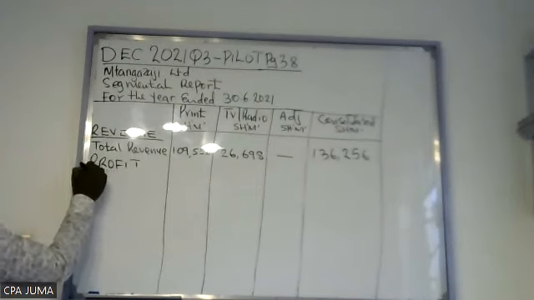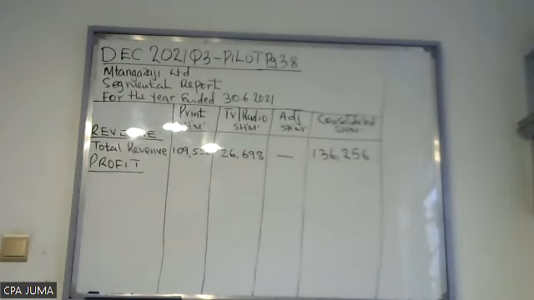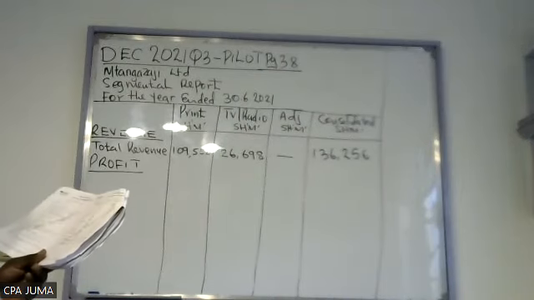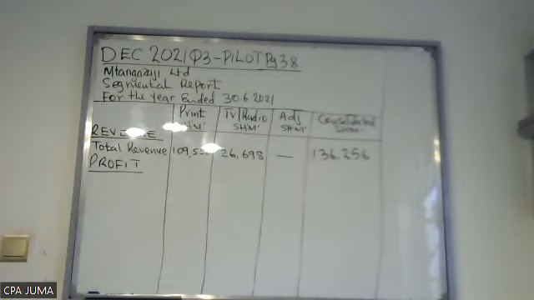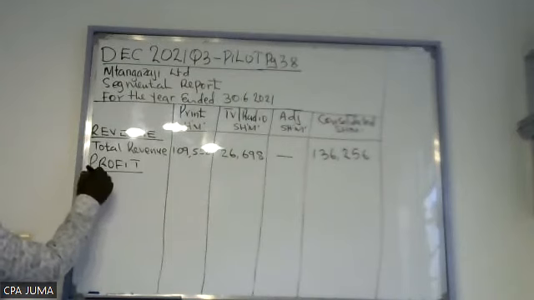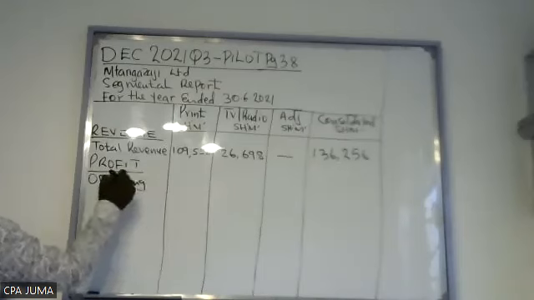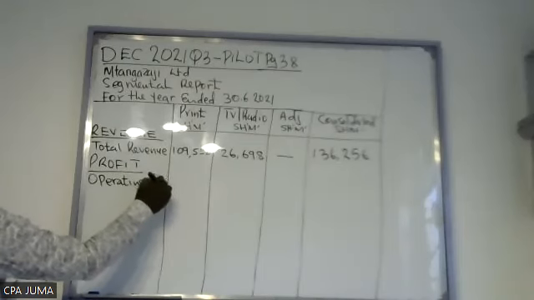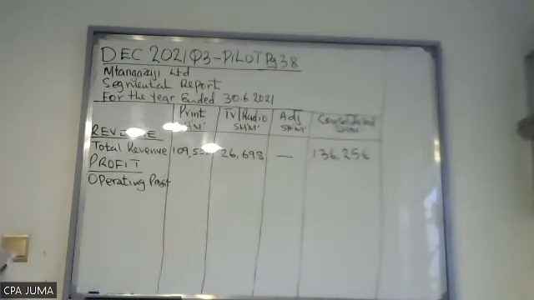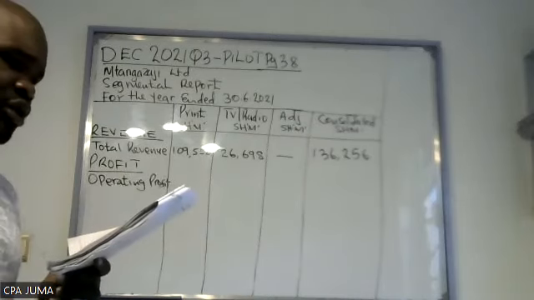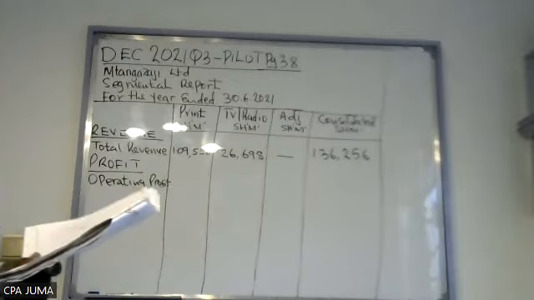Then we go to profits, the segment profits. For segment profit, you are supposed to start with the operating profits. In this question, we were not given profit elements.